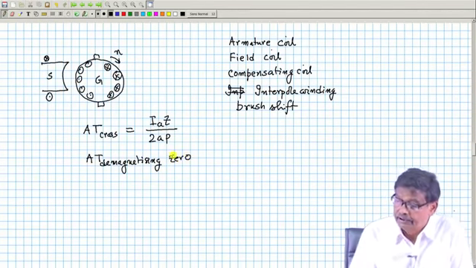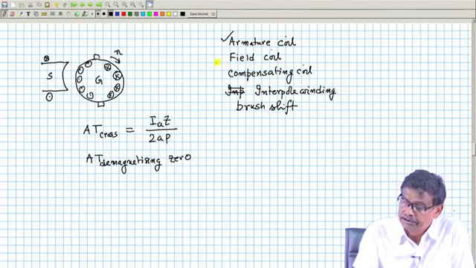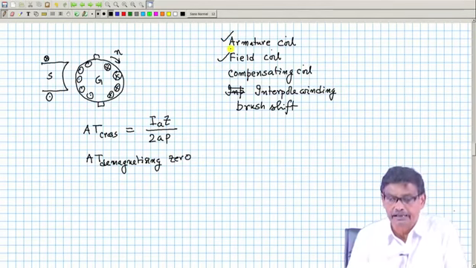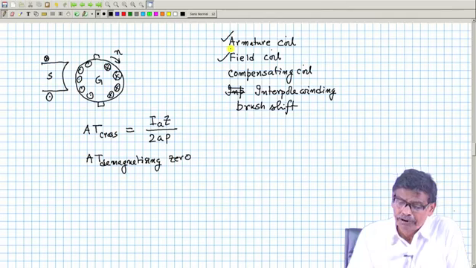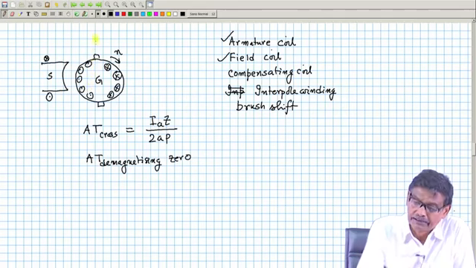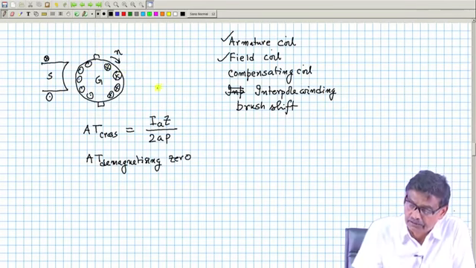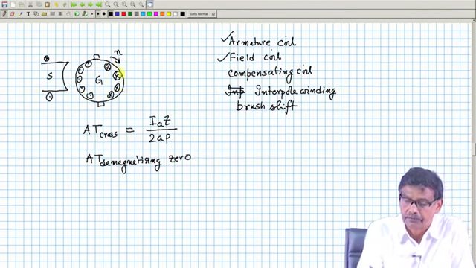So, in this case I am considering only armature and field winding, nothing else. What happens? The field flux is deformed, because the cross magnetizing field will be along Q, and there is no demagnetizing component because of this current.